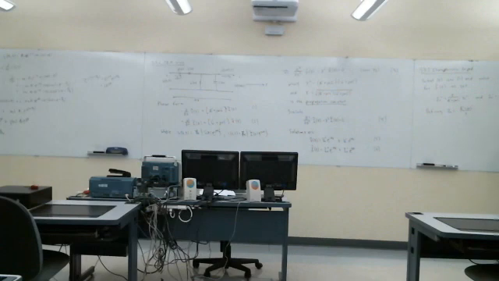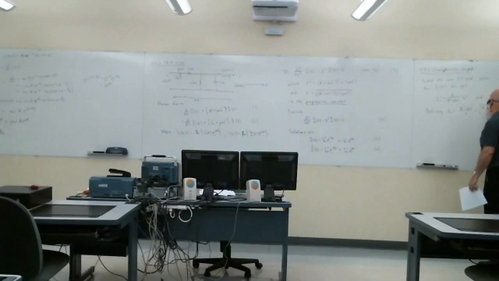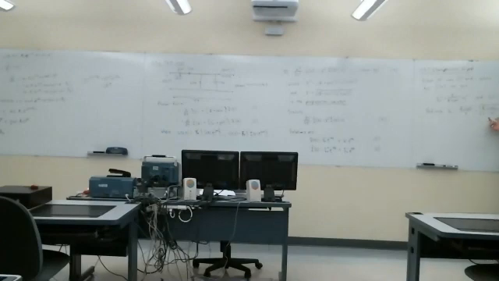So we've got R prime plus j omega L prime divided by the square root of R prime plus j omega L prime times G prime plus j omega C prime. So the characteristic impedance becomes the square root of (R prime plus j omega L prime) over (G prime plus j omega C prime). It depends on all four of the parameters of our transmission line.